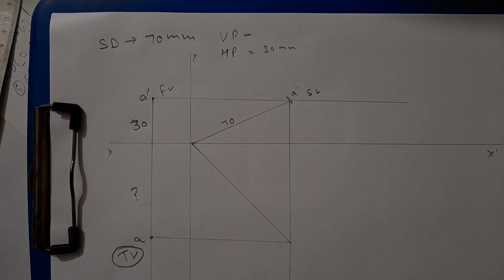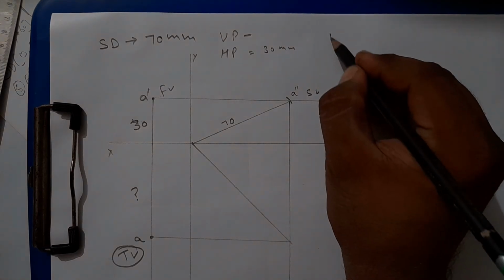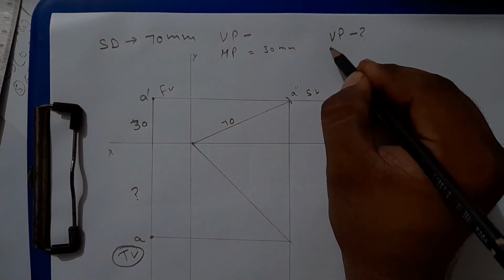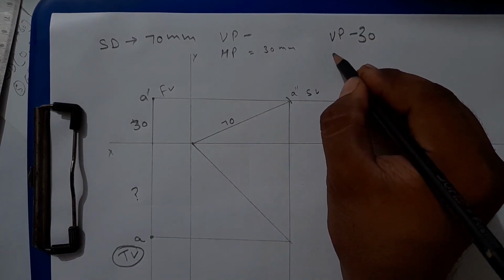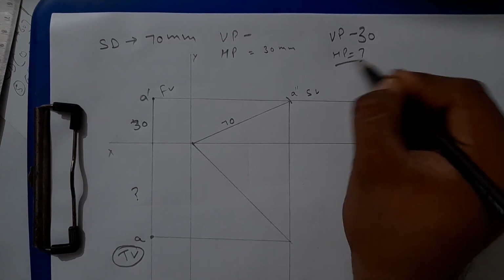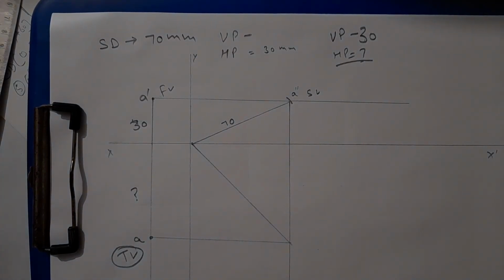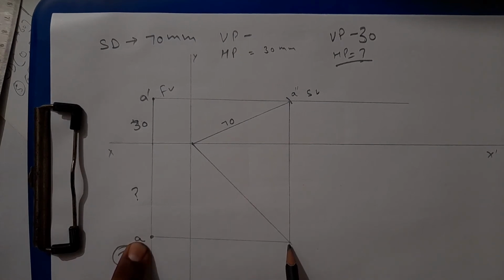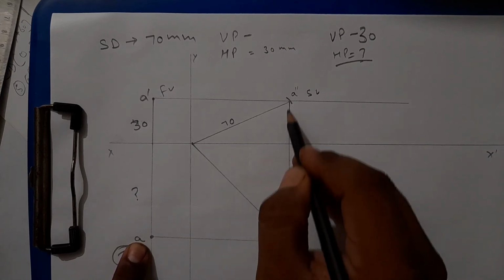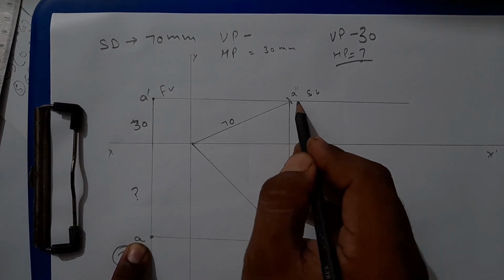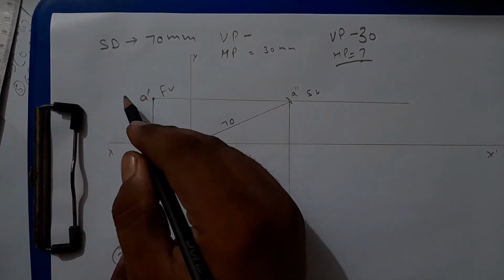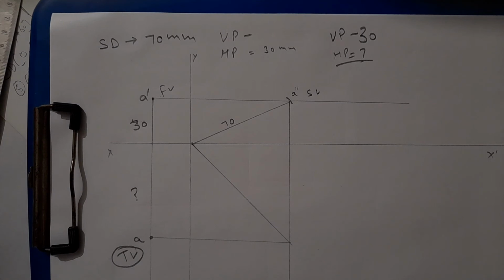Likewise, if the distance from VP is given and you need to find the distance from HP, you will start from A till this point, with a 45-degree angle line above, and 70 mm. A dash from here, and plot this point and this point. Just do the reverse engineering of it.